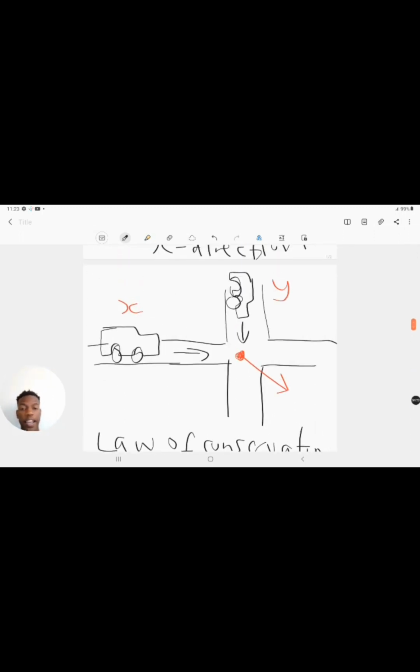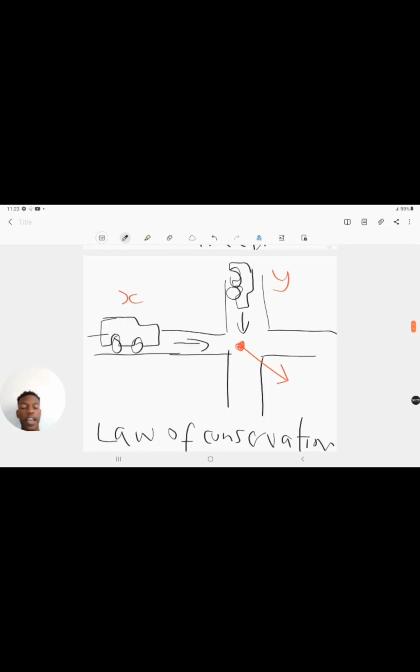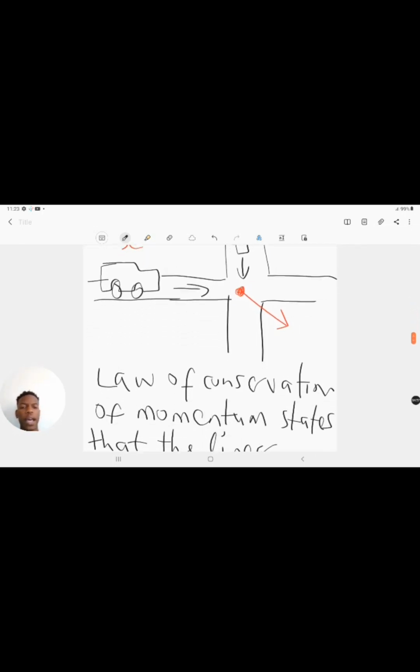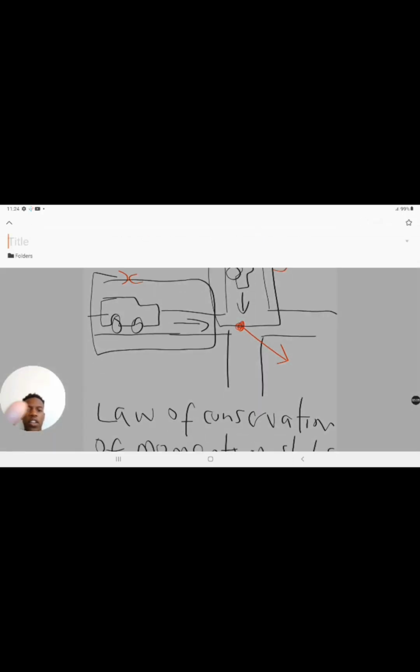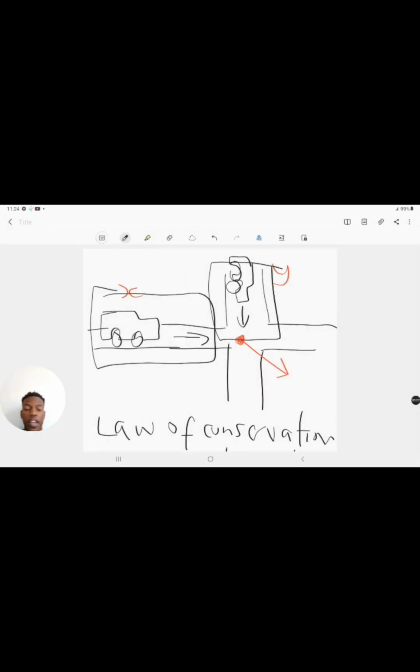That law still applies in our two-dimensional analysis of momentum. How does that law apply? Because we see that here we've got momentum in this direction, and here we've got momentum in that direction. And to further complicate things, what we have afterwards is none of those two directions. We have a completely different direction that is neither x nor y, but we still want to calculate the momentum of the cars after.